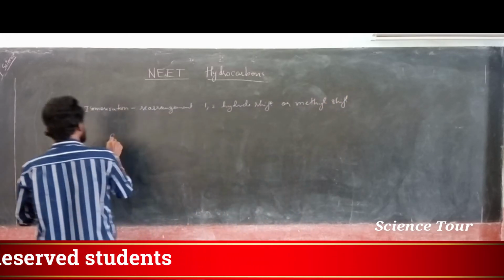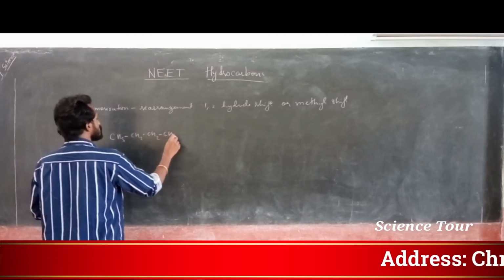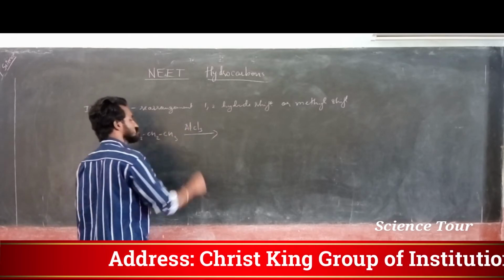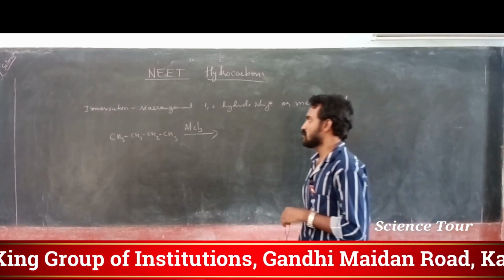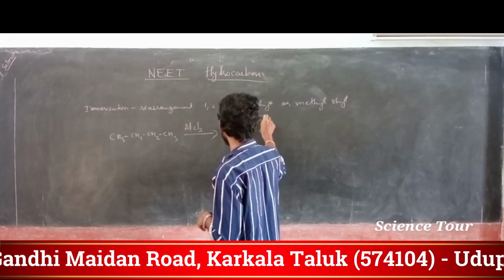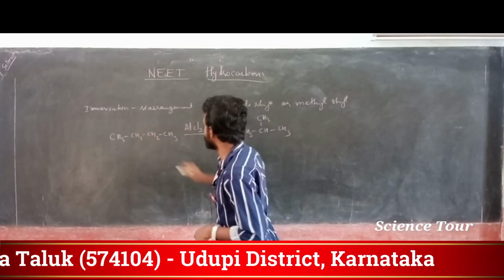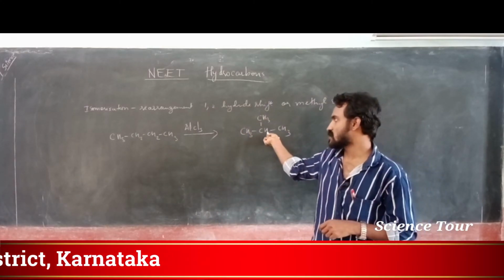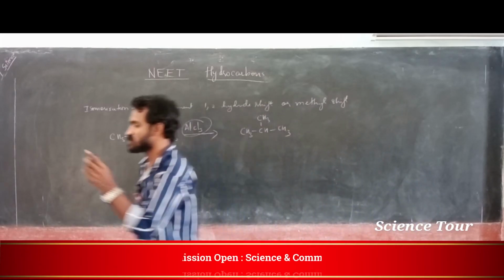For example, CH3, CH2, CH2, CH3, in the presence of aluminum chloride, this reaction takes place. It is very important. It gives CH3, CH, CH3, and CH3. This is the shifting of a group, a 1,2-methyl shift actually. This is the isomerized compound. Understood? In the presence of aluminum chloride, this reaction takes place. No doubt.